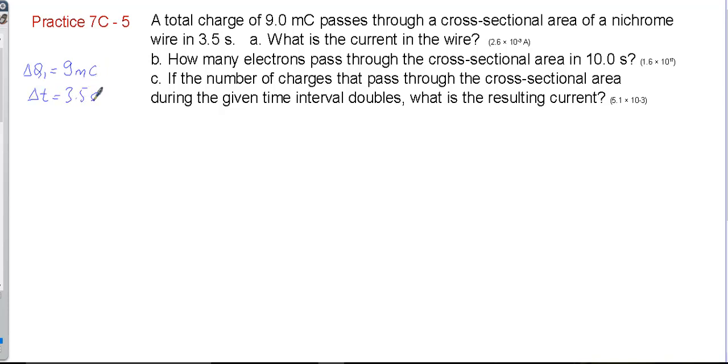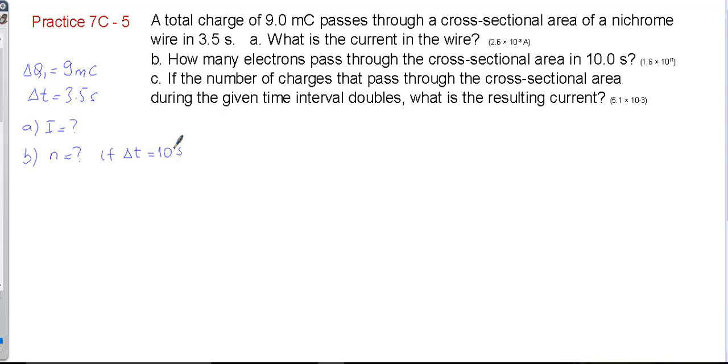I need too much place, so I start from the top here. First one, it says what is the current? A, the current one. This is easy. B, it says how many electrons pass? N is wanted here, but for 10 seconds. It says if delta T is 10 seconds.